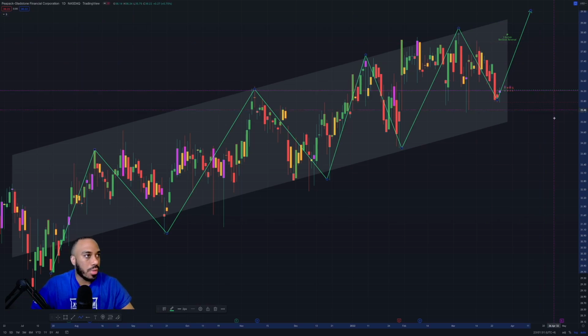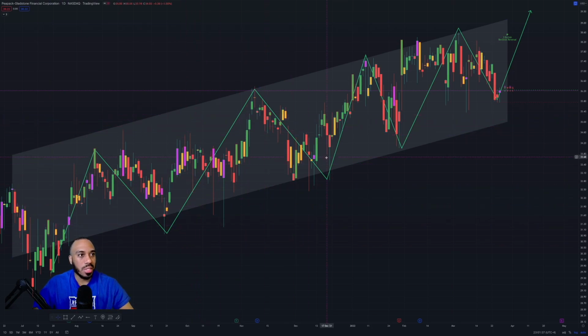It might not go in that direction. It probably won't, but whatever. So we have clear higher highs and higher lows with buyers in control of the price of PGC during this time. Even though we have these pullbacks where sellers take control, buyers step in at areas that are higher than where they previously stepped in, confirming that uptrend.